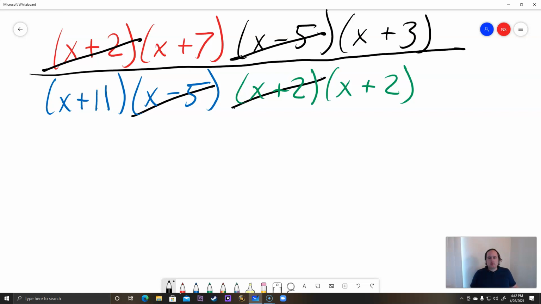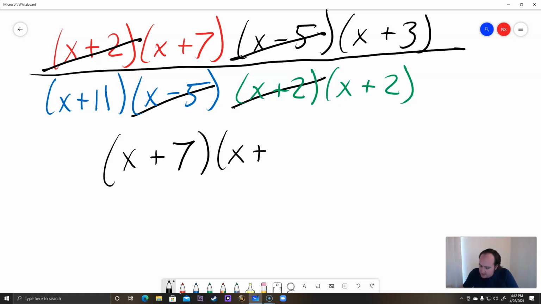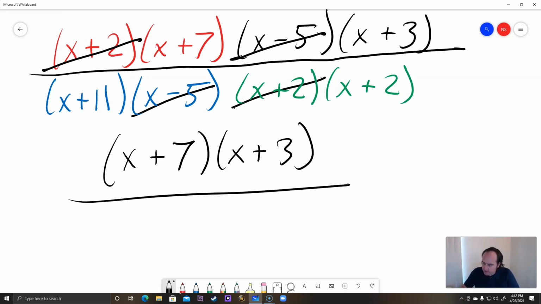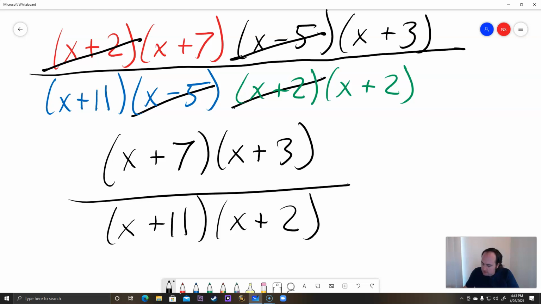Okay, so we're going to be left with, on the top, we still have x plus 7 times x plus 3. And then on the bottom, we have x plus 11 times x plus 2. And now that we've done all of that, because nothing else crosses out, this is going to be our answer.